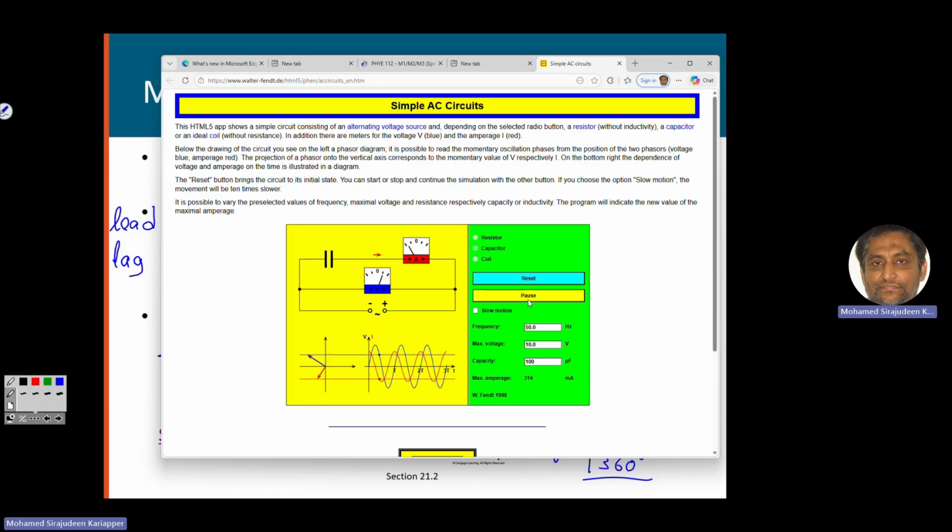They are out of phase. You can see how the phase behaves. The blue arrow is the voltage, and the red one is the current. The blue is behind the current by exactly 90 degrees. So the voltage lags the current by 90 degrees when you have a capacitor.